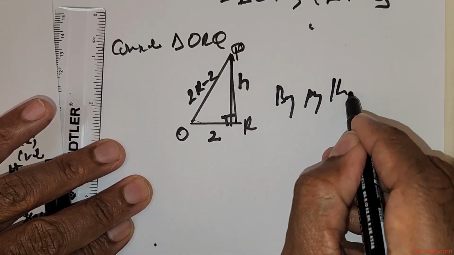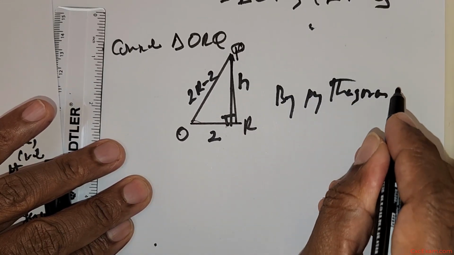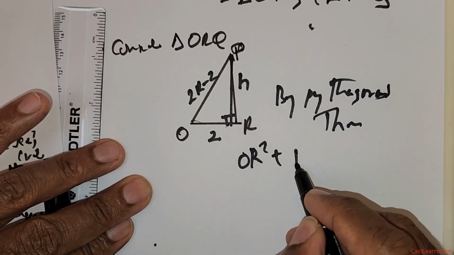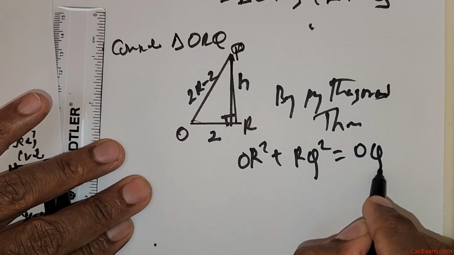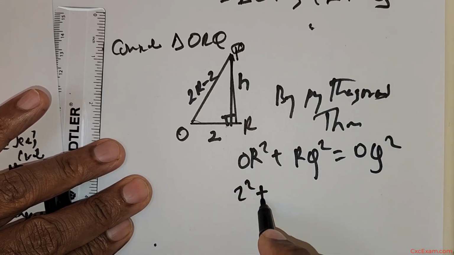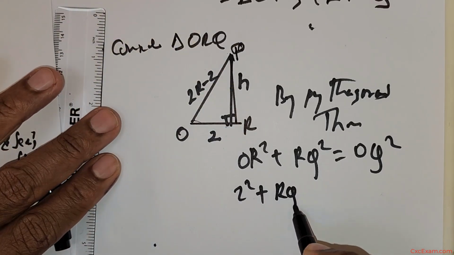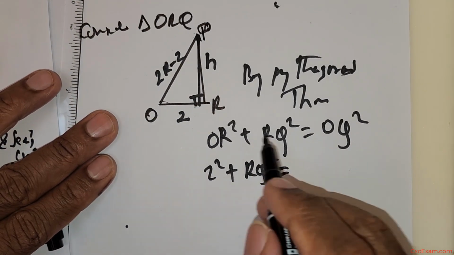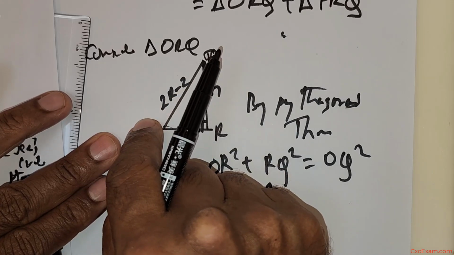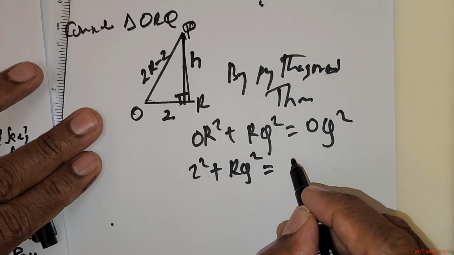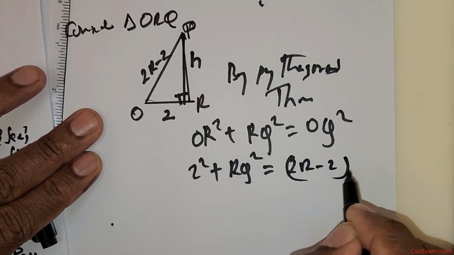So by Pythagoras theorem, what do we have? We have OR squared plus RQ squared is OQ squared. So OR squared is 2 squared. RQ squared is not known, and this is going to be 2 times r minus 2 the whole square.